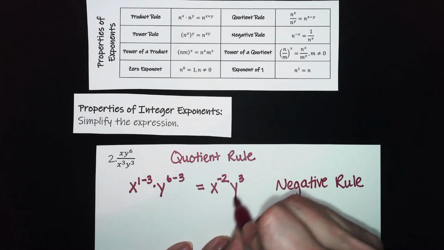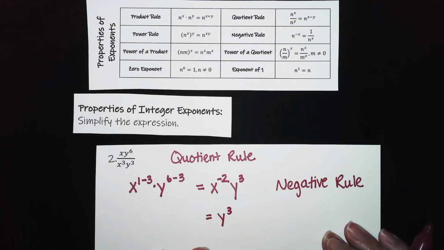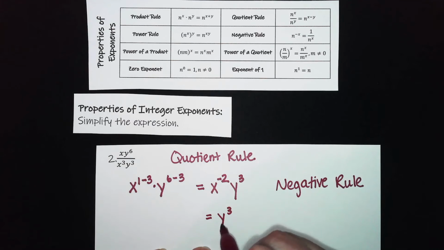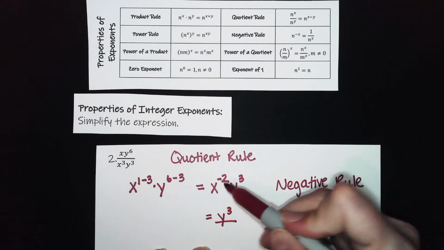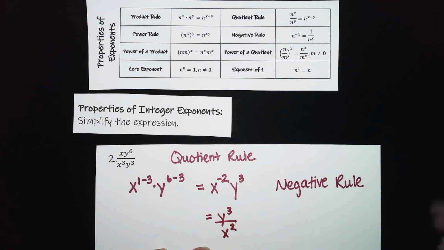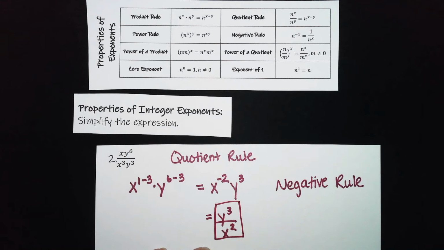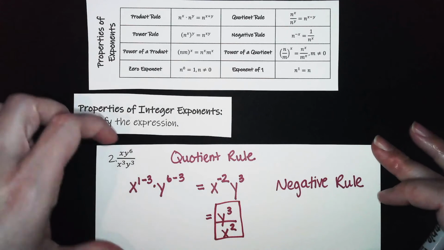So in the numerator, no matter what, I still have y cubed. It's still positive, we're going to leave it alone. But to get rid of this negative in front of the 2, I have to move x squared down, and just the negative goes away. That's what that negative does. So now I have all positive exponents, and I only have my variables written once.